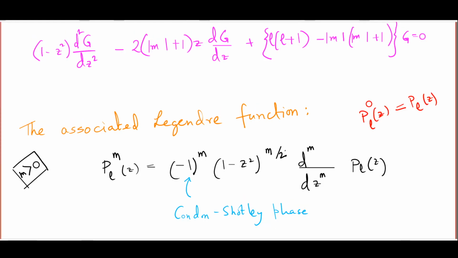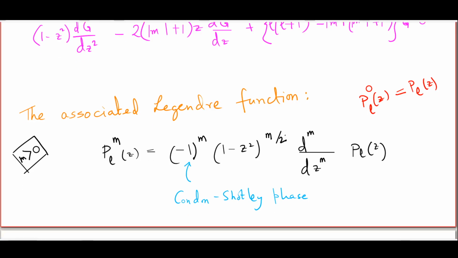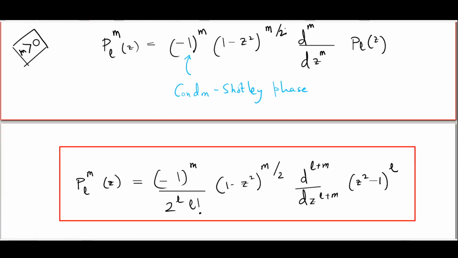Now while this formula makes sense only for positive m, or rather non-negative m, we can actually extend this to hold for negative m as well, simply by making use of the Rodrigues formula for PL. What we do is we introduce the Rodrigues formula in this expression, and then PLM of z becomes this.